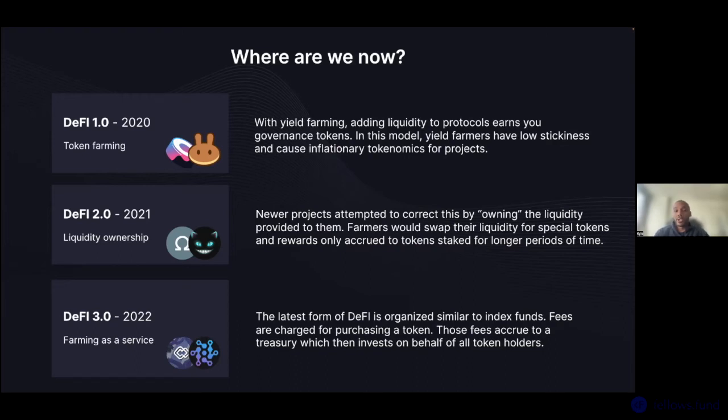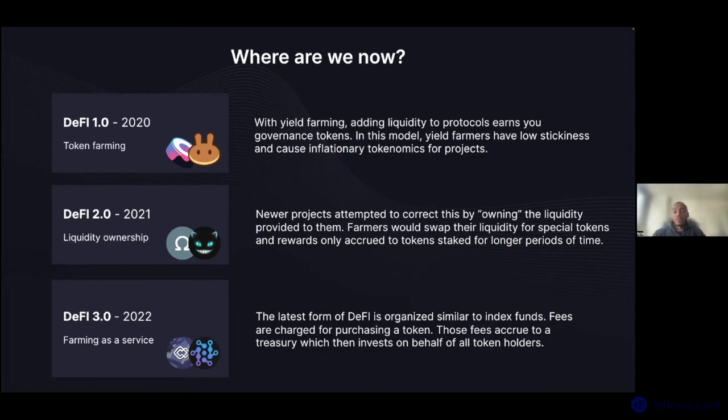Like on PancakeSwap, they would give you a liquidity token that represented Ethereum and USDC, and you would deposit that into Olympus DAO, and then they would give you their governance token back. Actually, the pair was more like OHM, which is their native token, to DAI, for instance. So in order to receive their OHM token, you essentially had to give them control of the liquidity.